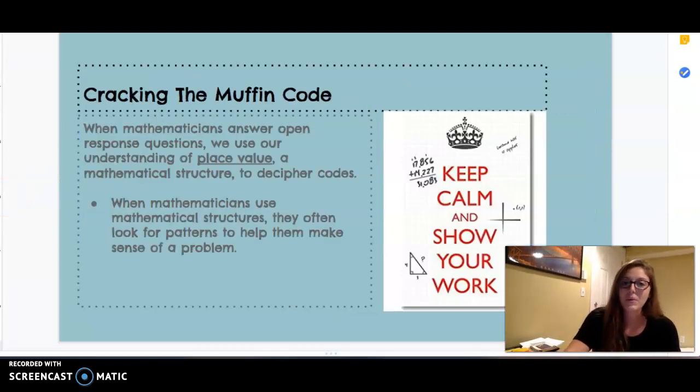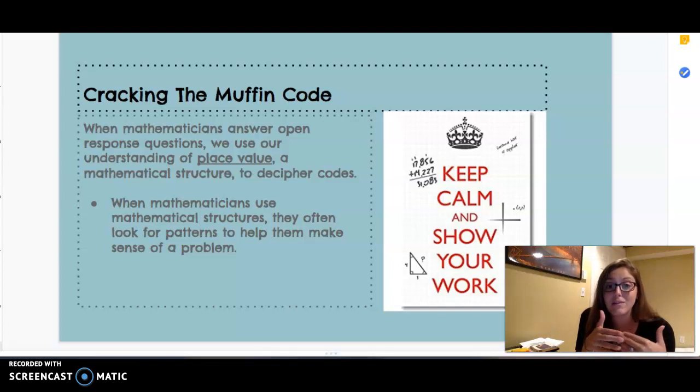All right, so we're going to work on cracking the Muffin code today. You're going to be investigators in solving this problem, but we're going to be answering an open response question. When mathematicians answer open response questions, we use our understanding of place value, which is a mathematical structure, to decipher codes.